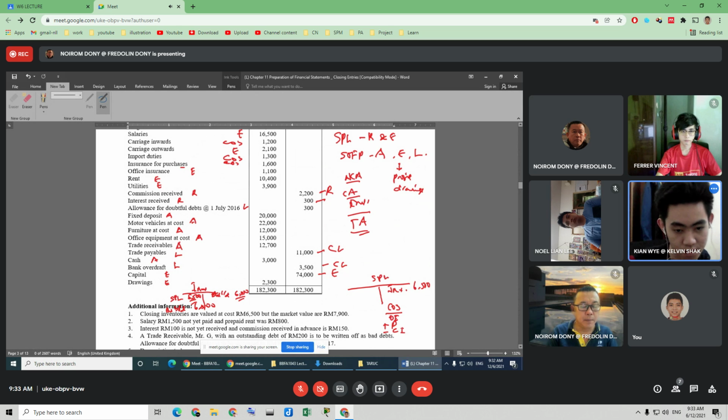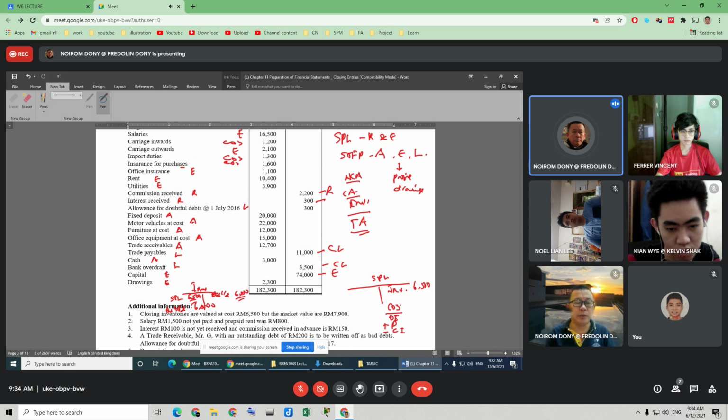But you must understand what closing inventory means. Closing inventory is the remaining item that has not been sold yet. We haven't sold it to the customer, so it is inventory, meaning stock. It's still with the business, so that's why it is an asset.